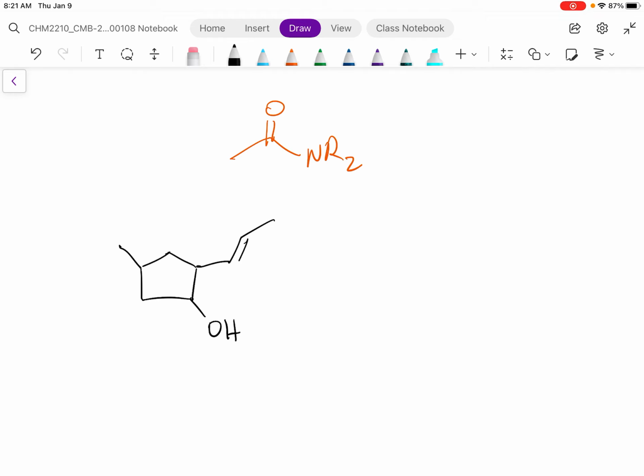Okay, taking a look at that molecule there. How many carbons? How many hydrogens? So let's highlight carbons. 1, 2, 3, 4, 5, 6, 7, 8, 9 carbons.